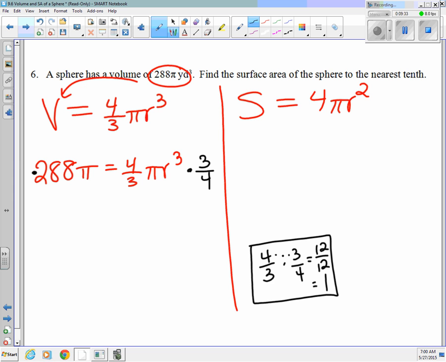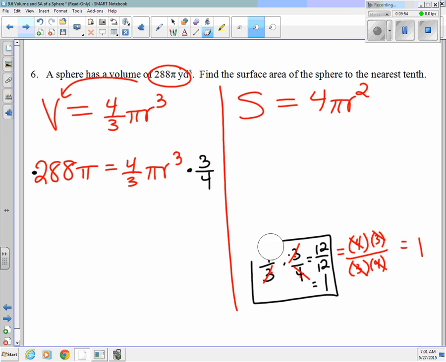In other words, the 4's cancel and the 3's cancel, and I get a 1.